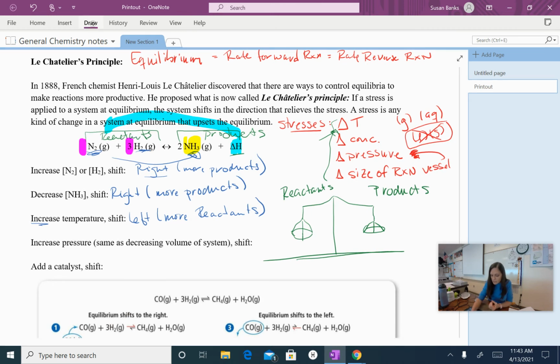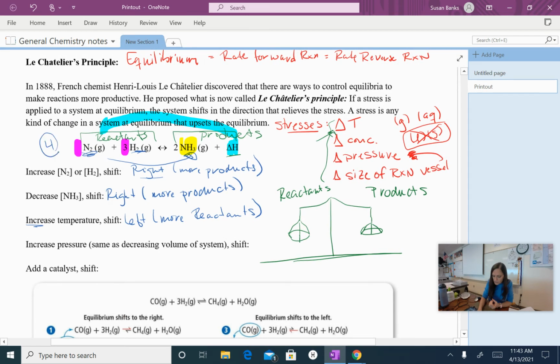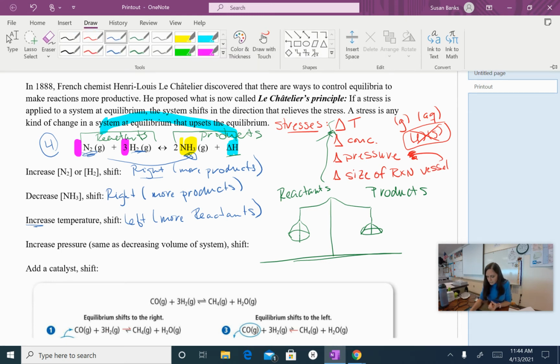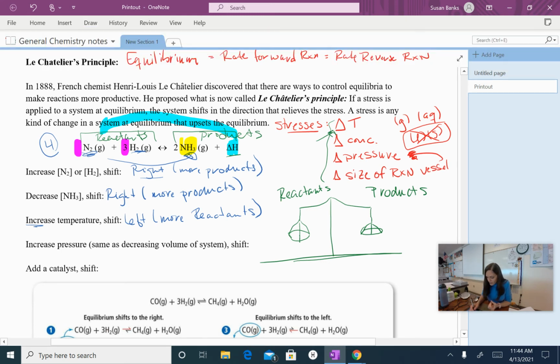That gives me a grand total of 4 moles of gas on my reactant side. On my product side, I have 2 moles of gas.